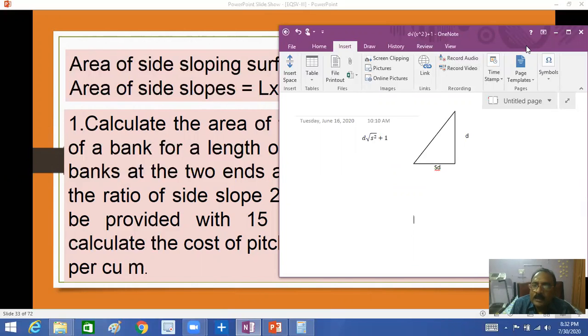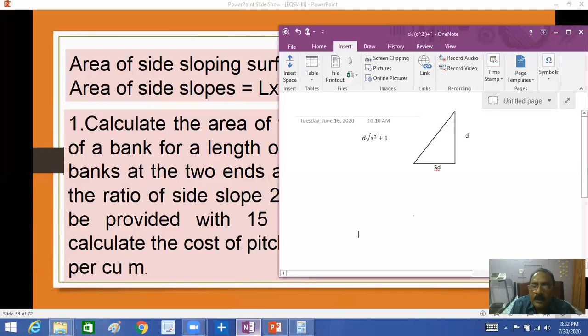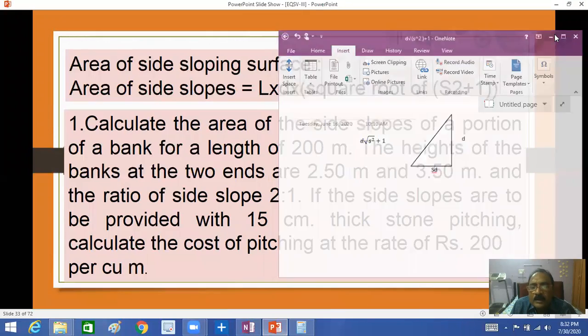Here I am trying to explain the area of side slope. So remember this formula, D into under root S squared plus 1, which is the side slope, and into your length you will get the area. This is a very important formula in calculations.